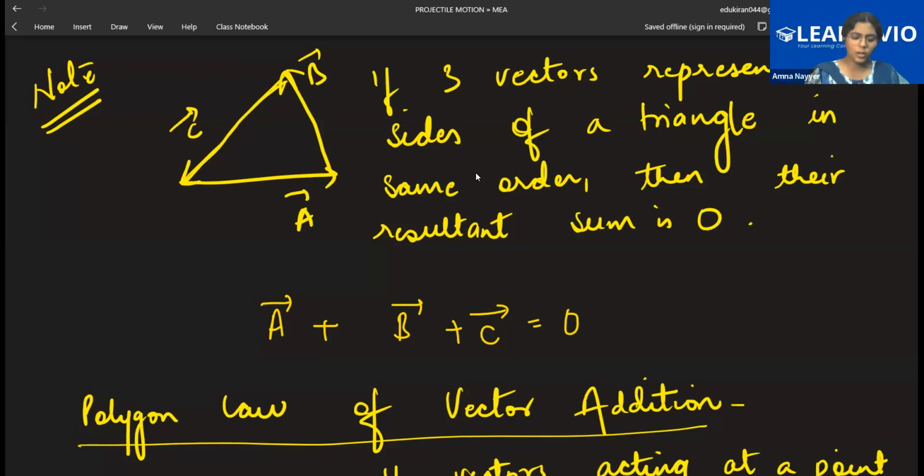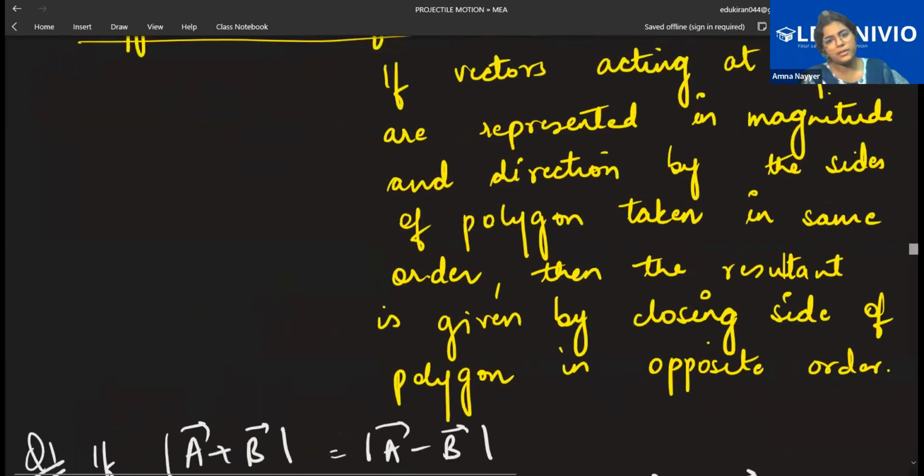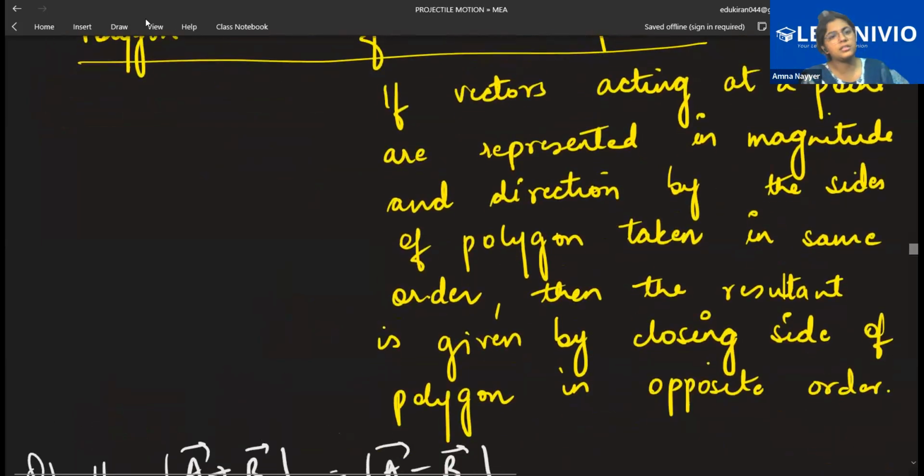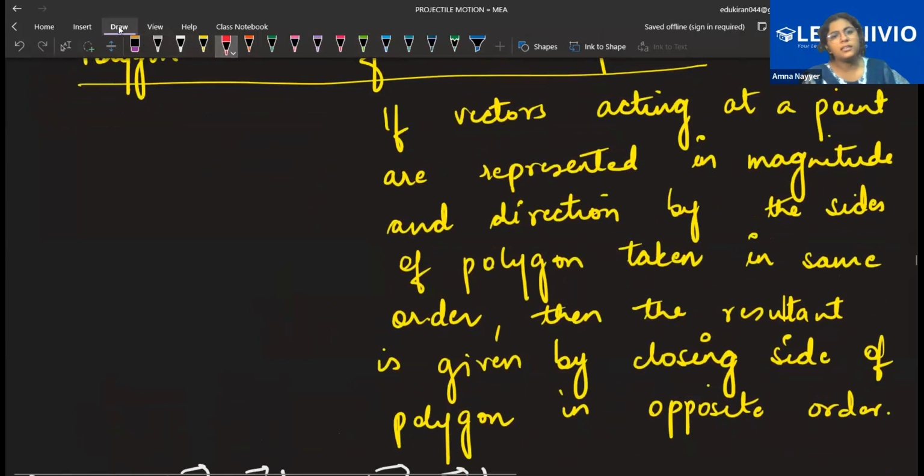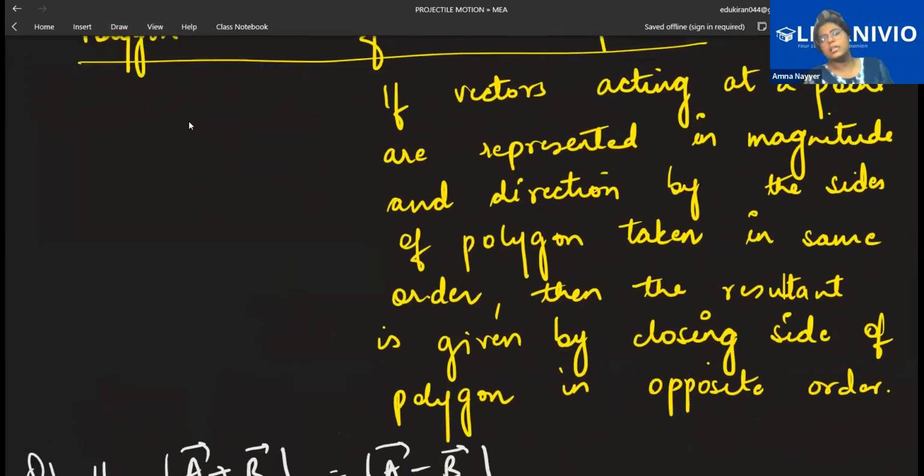Now, polygon law of vector addition, what it is, you just have to again understand the geometrical construction, because the question formula is exactly the same. Now see, triangle we have seen. Parallelogram we have seen. What about a general polygon, where the sides are taken in the same order? See, one is this, second is this.